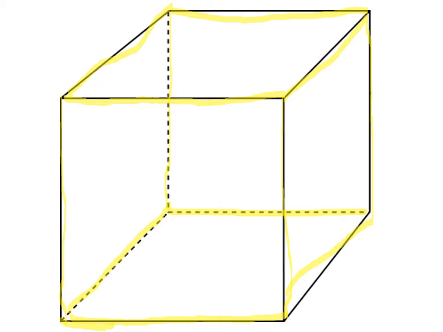All right, now we'll change colors. So we've got 12 edges or straight sides.